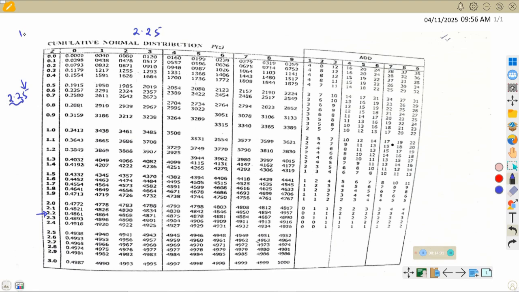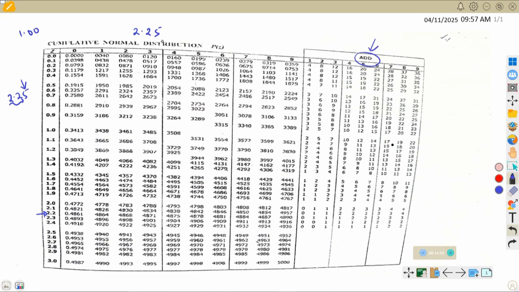If you want 1.1, you will take 1.10. If you want a value like 2.25, you can easily get it. But if there is a third decimal value, then you get that additional value from these columns here where we have the add columns.